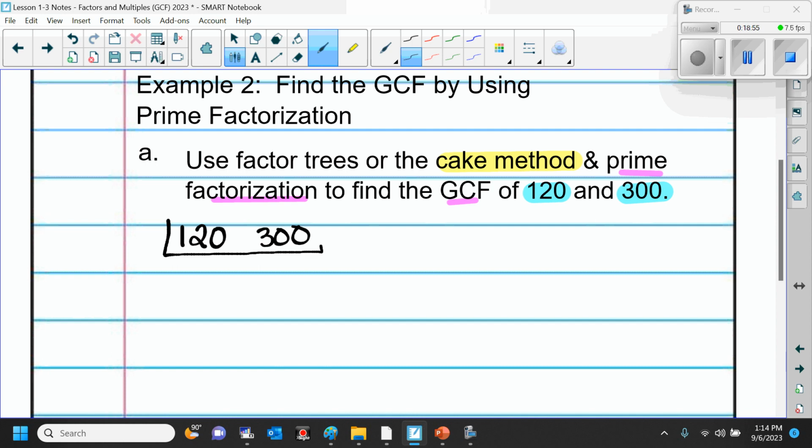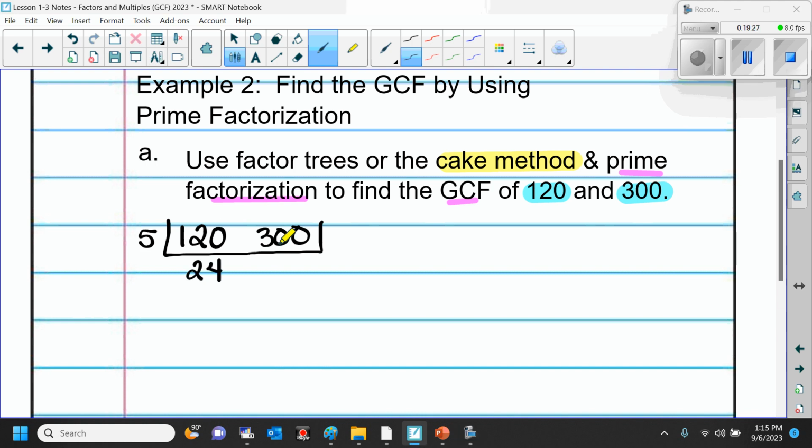So what is a prime number that I can divide into 120 and 300? We could do 5. We could do 2 also. I'm going to start with 5 because that's what I started with in my video. You could start with 2 if you wanted to. So 120 divided by 5 is 24.